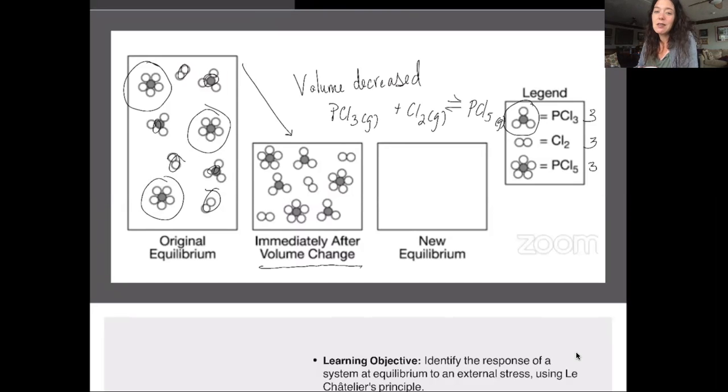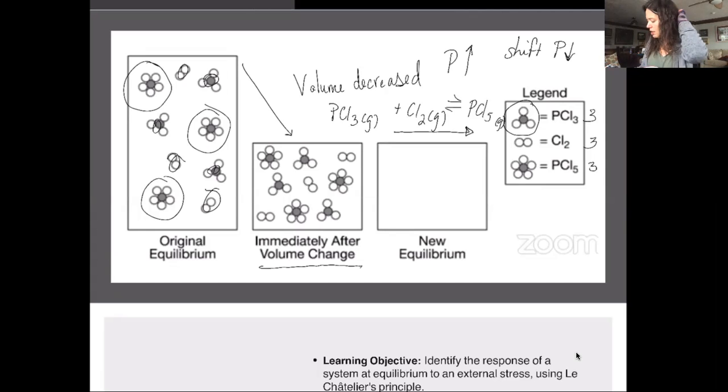This is ahead of us, but the volume decreased. Therefore, the pressure increased. The system's going to do what it can to reestablish equilibrium. It will need to shift to decrease the pressure. So that would be shifting towards the product side where there are less moles of gas.